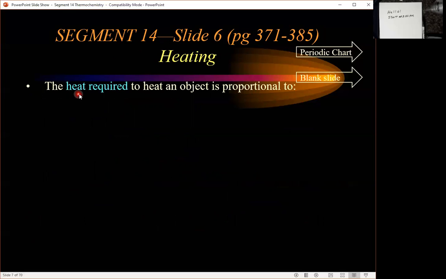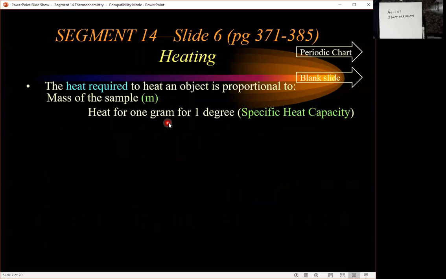Now, the heat required to heat an object is proportional to the mass of the sample, how much it takes to heat 1 gram of it 1 degree, that's the specific heat capacity, and it depends on the temperature change. Isn't that logical? If I had 1 gram or 2 grams, it would take twice as much for 2 grams.